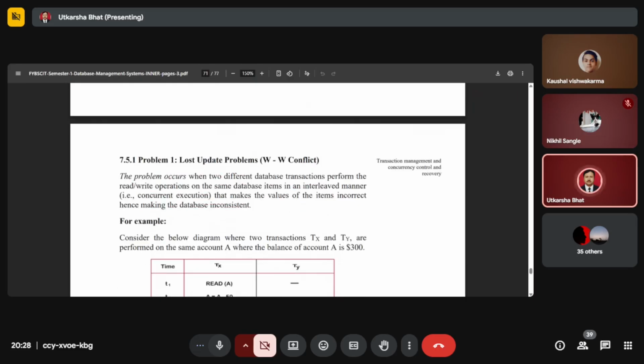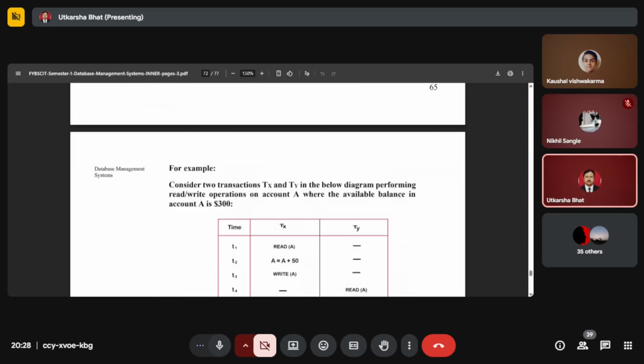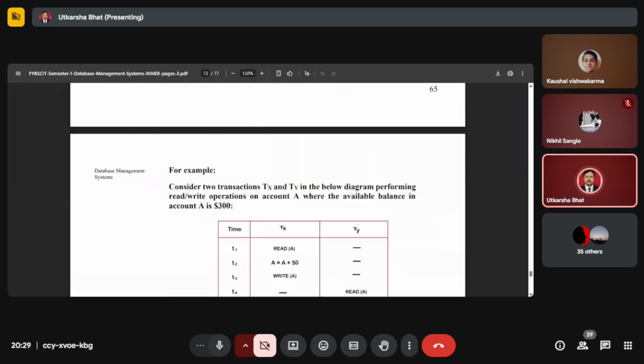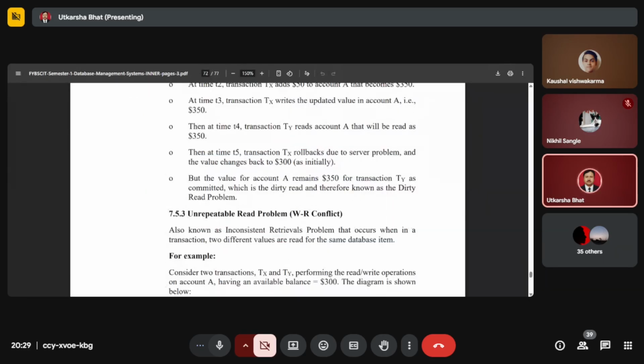So the first problem we saw was the lost update problem. Second, the dirty read problem, WR conflict. And third, the unrepeatable read problem, RW conflict, also known as the inconsistent retrieval problem, which occurs when in a transaction two different values are read for the same database item.